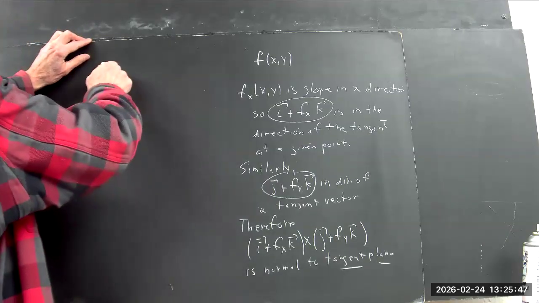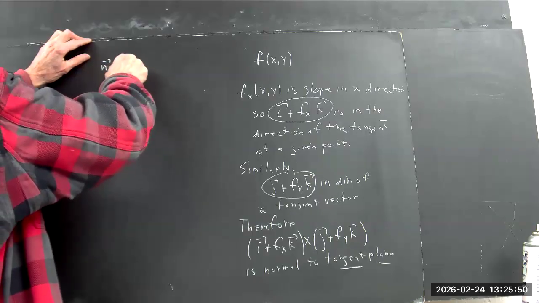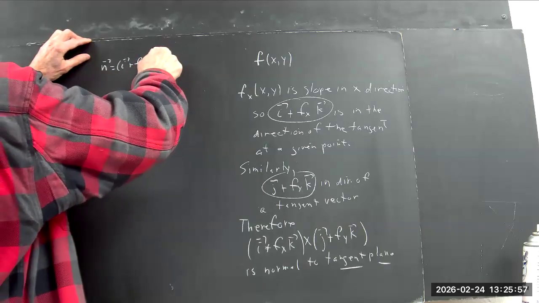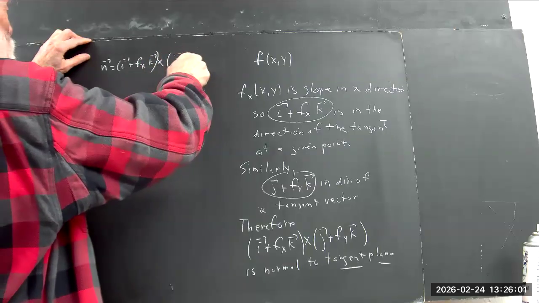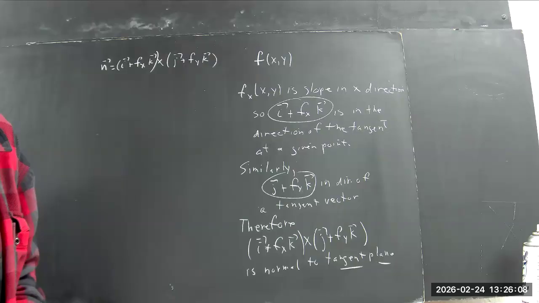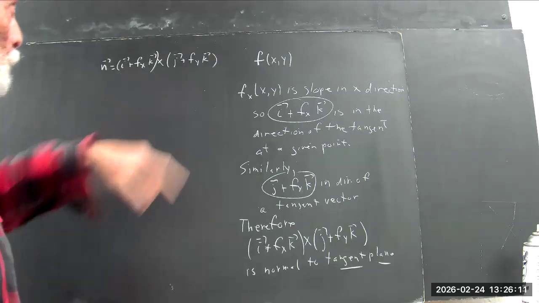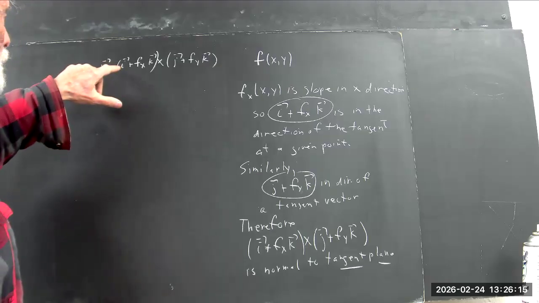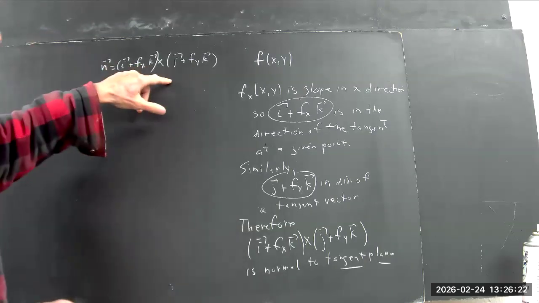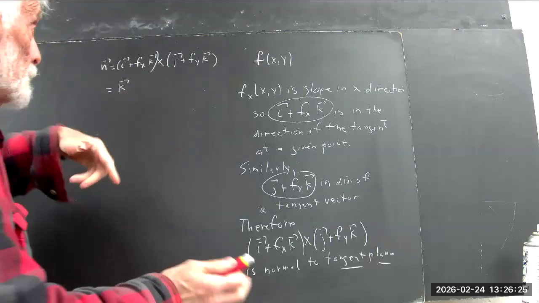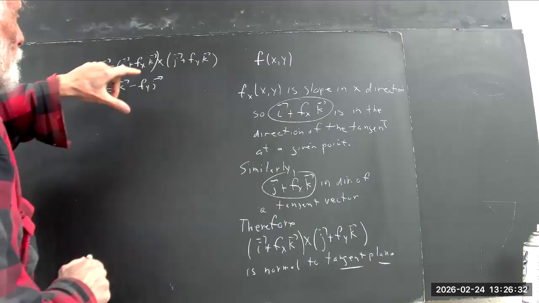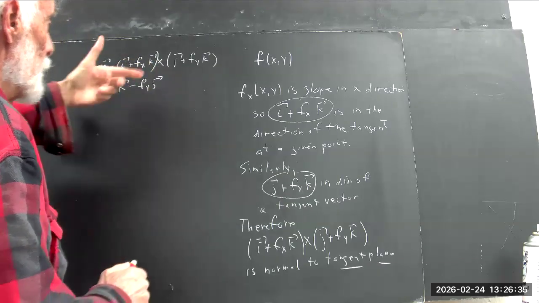Well, what's that cross product? You could use the determinant definition if you want to fall back on it, but it's pretty easy since you've only got two components here. i cross j is k. i cross k is negative j. k cross j is negative i.